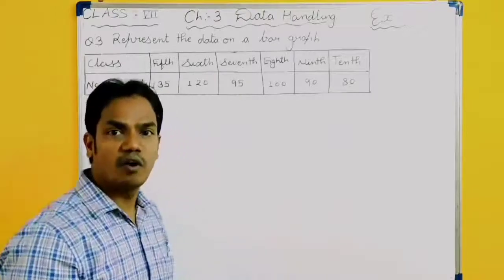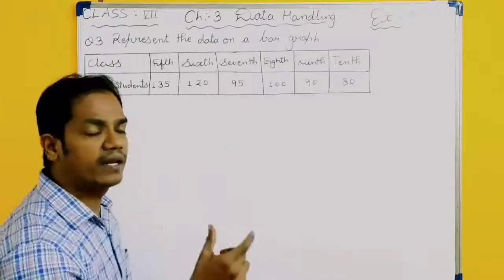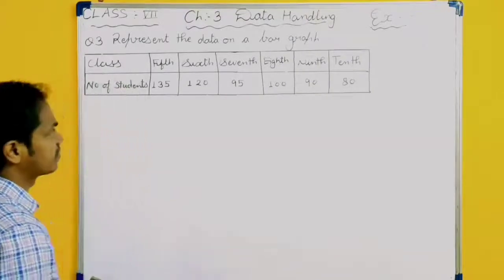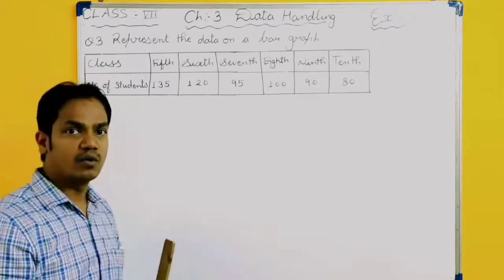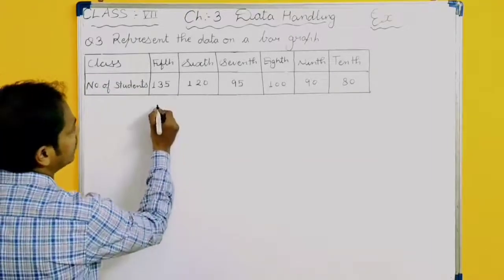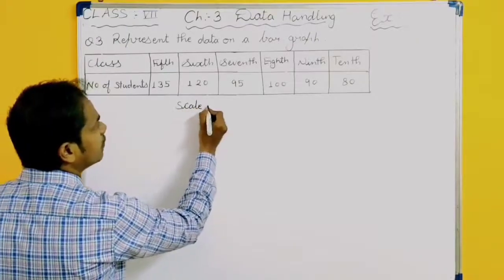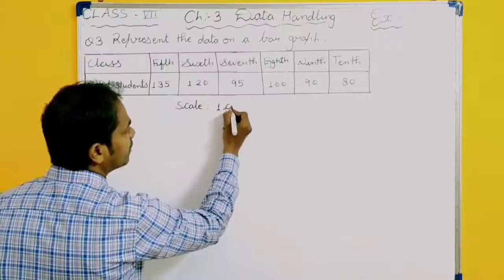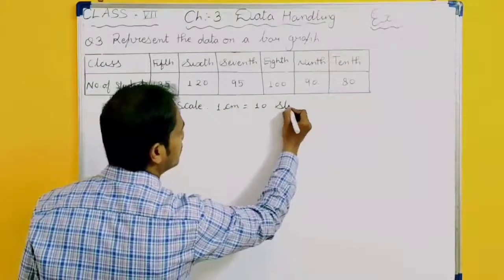First of all we have to decide the scale. In 1 centimeter how many students will you measure? Here I am taking the scale 1 centimeter equals 10 students.